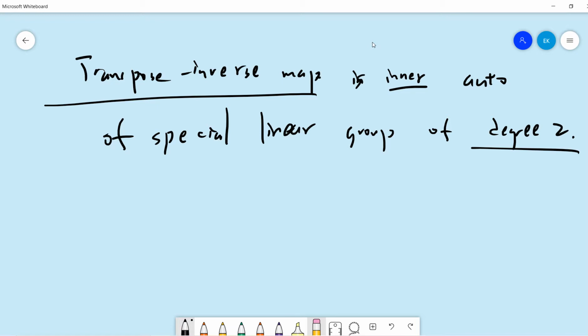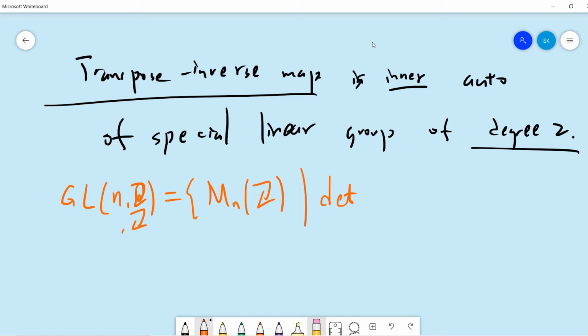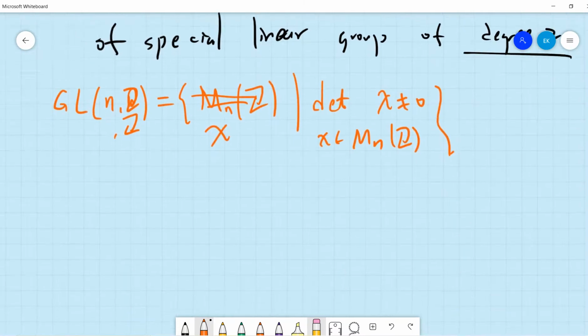Now we need to explain word by word. The setting is, given a general linear group with coefficient Z, basically the n by n matrices with coefficient Z such that the determinant of x is non-zero, so x belongs to GL_n(Z). The transpose inverse map is a special map.